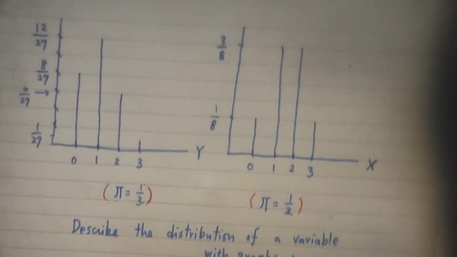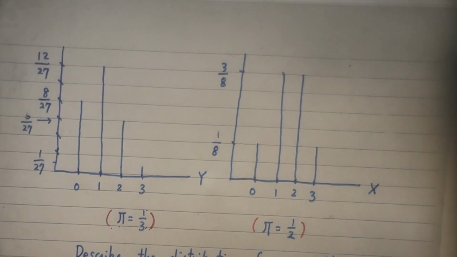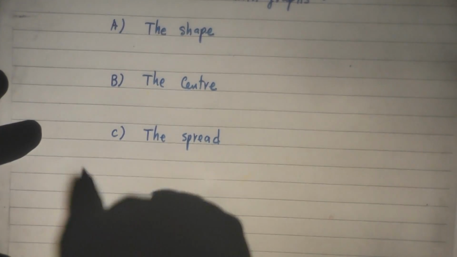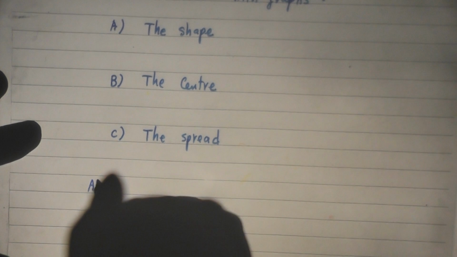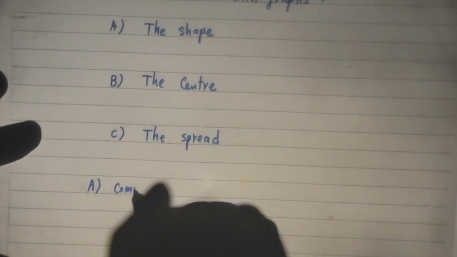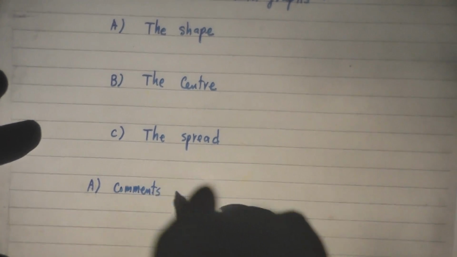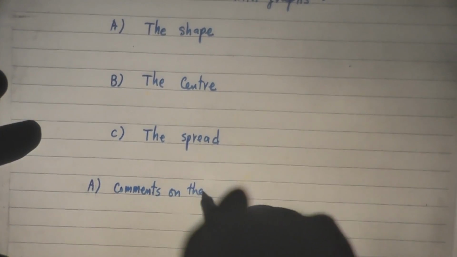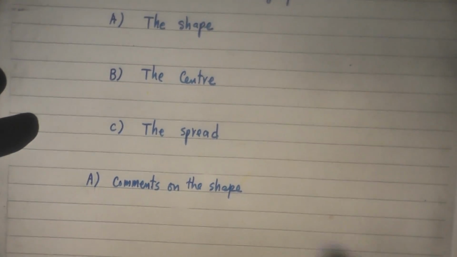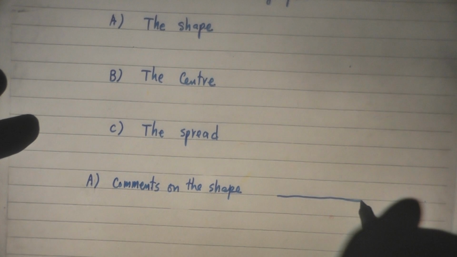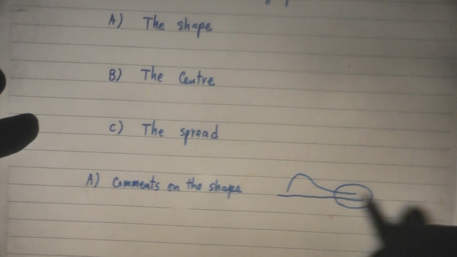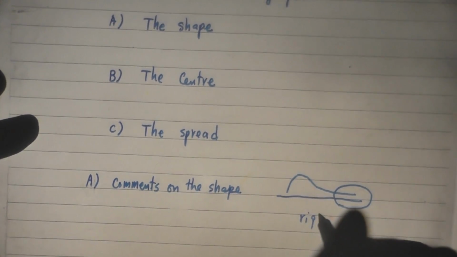Now, let's look at the shape first. In statistics, if we find a graph with a long right tail, we call this graph right skewed.